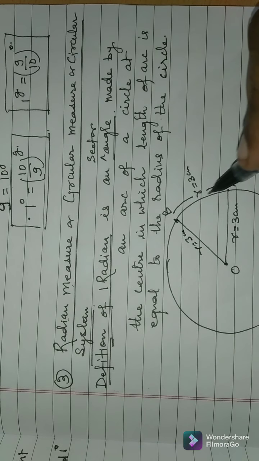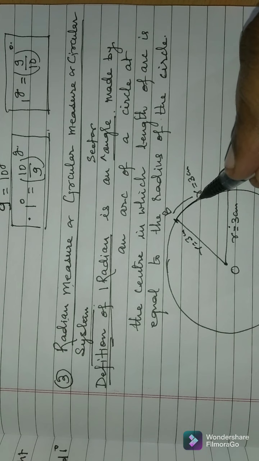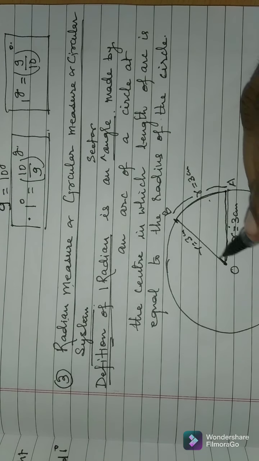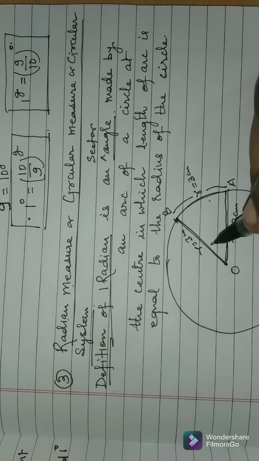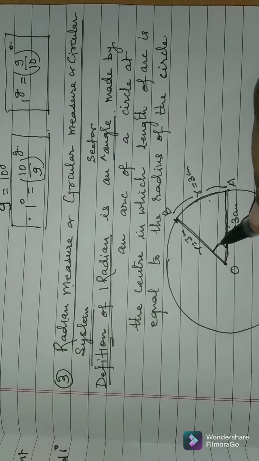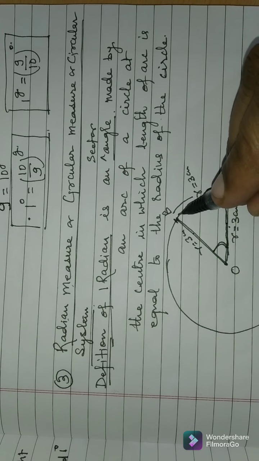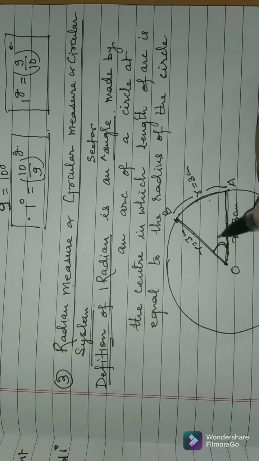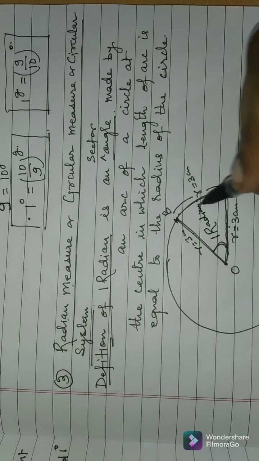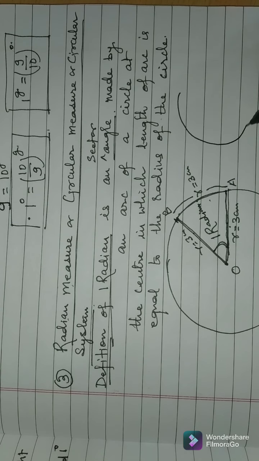So when the length of the arc is equal to the radius of the circle, this is the arc and this is the radius of the circle, this is also the radius. Then the angle made by the arc is the sector angle. A sector is the portion bounded by 2 radii and 1 arc. Therefore this is 1 radian. So 1 radian is the angle. Suppose I am drawing another figure.